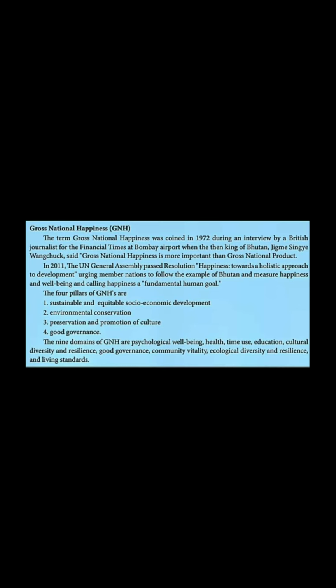Which are the 9 domains of GNH? Domains means kalangal. They are psychological well-being, health, time use, education, cultural diversity and resilience, good governance, community vitality, ecological diversity and resilience and living standard also.